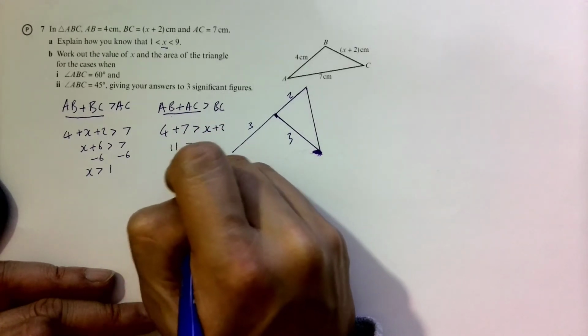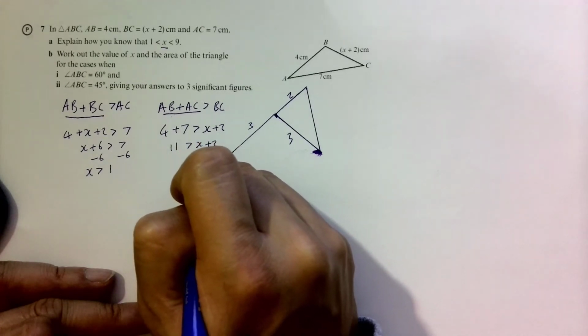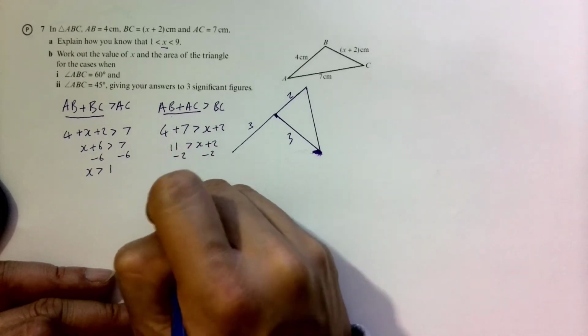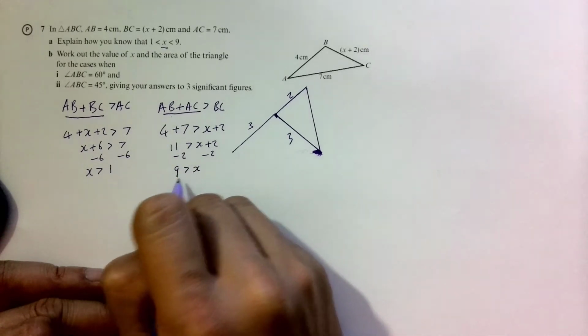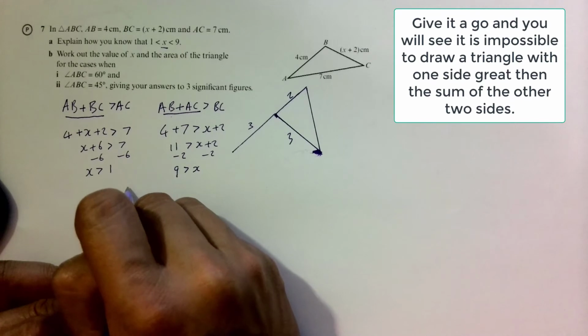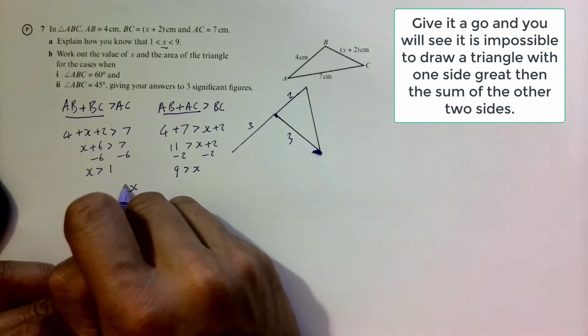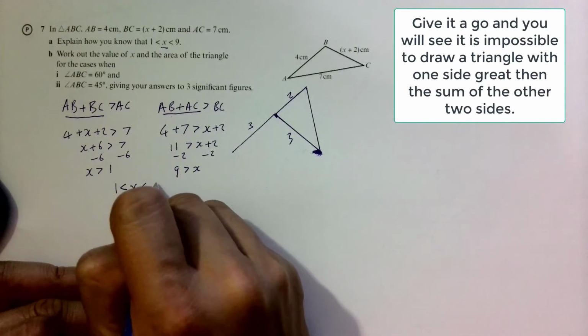So we get 11 greater than x plus 2, let's subtract 2 on both sides, so 9 is greater than x, so we must know that means x must be between 1 and 9.